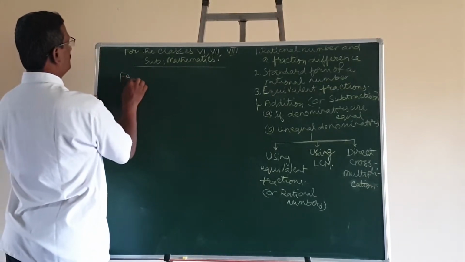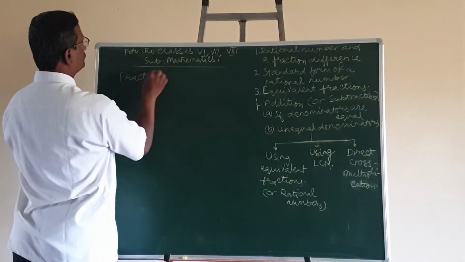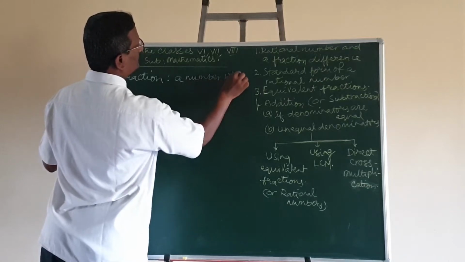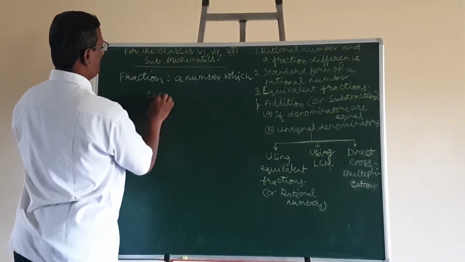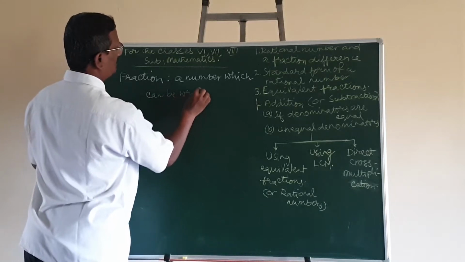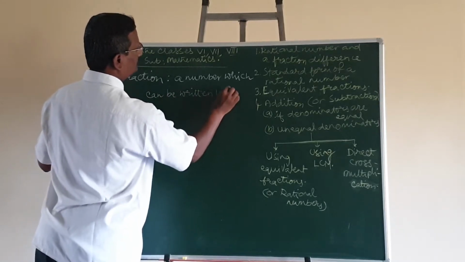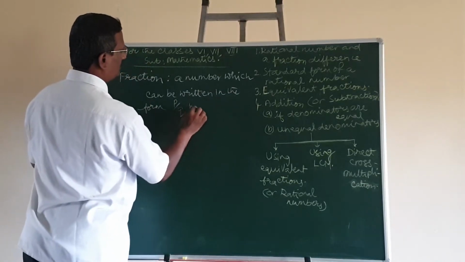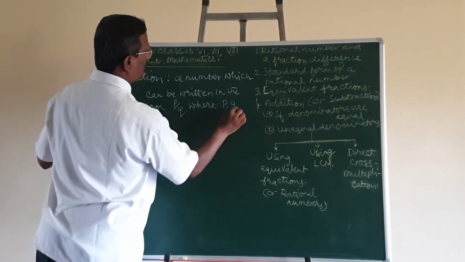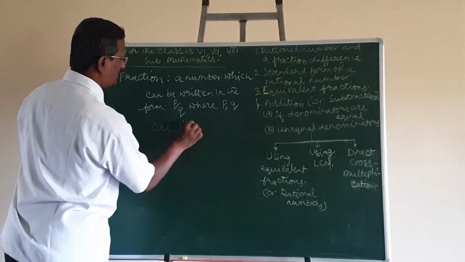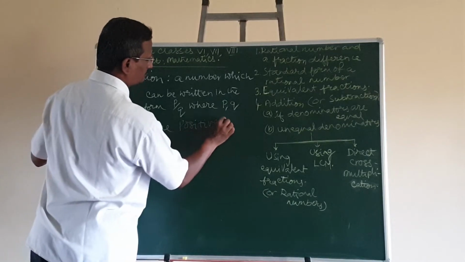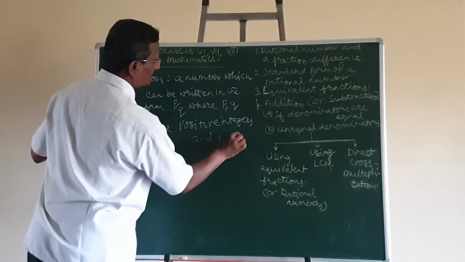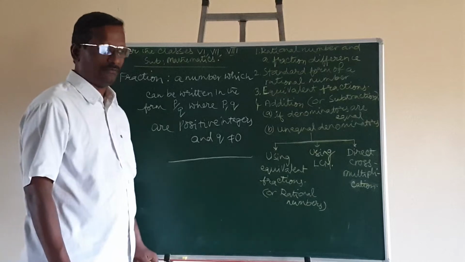Fraction: a number which can be written in the form p upon q, where p comma q are positive integers and q is not equal to 0. This is the definition of fractions.